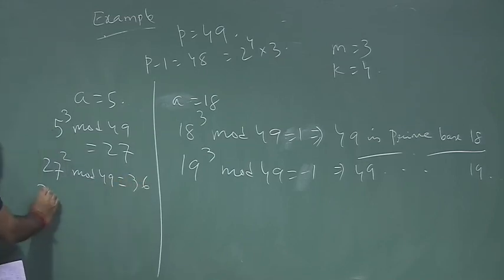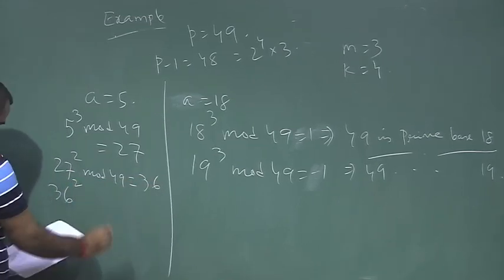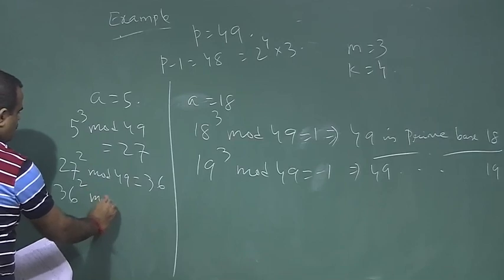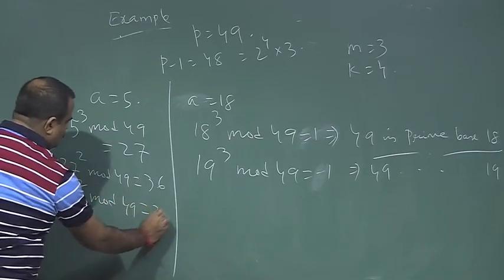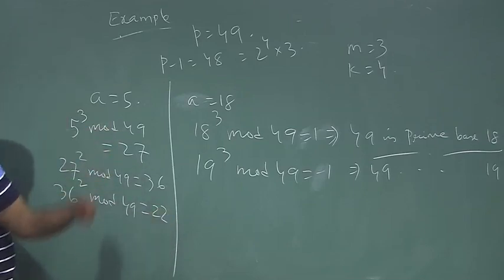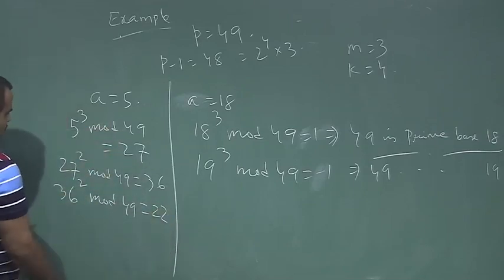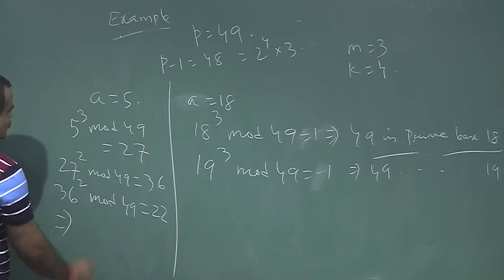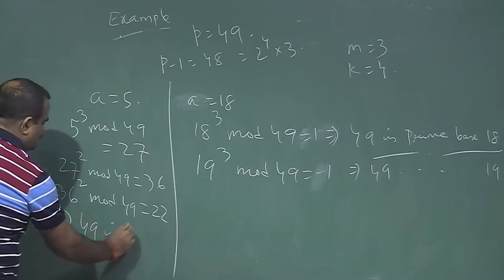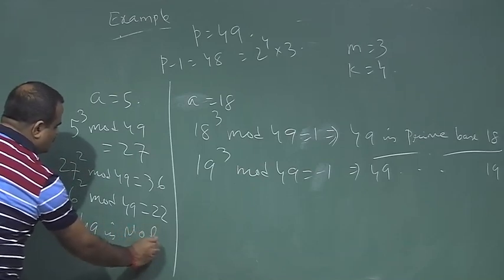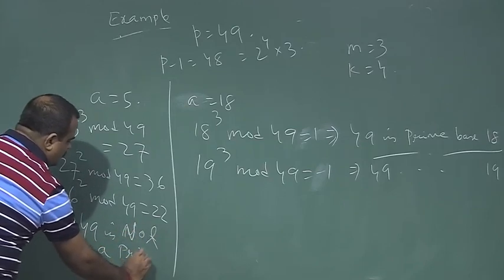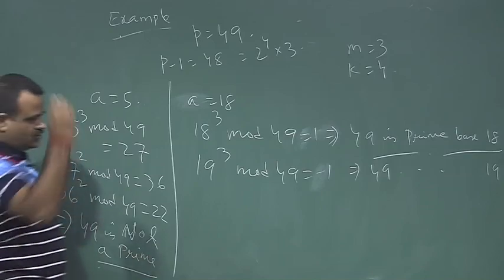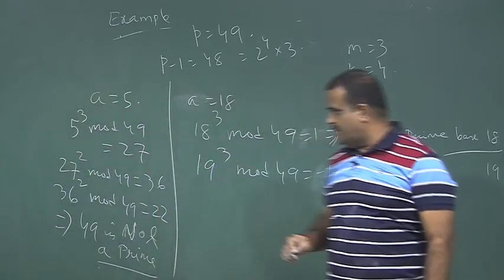Then again we compute 36 square mod 49 in that for loop, which is 22. Now we stop because k is equal to 4, so 3 times we have to do, and none is minus 1. So, this implies 49 is not a prime. That is guaranteed.